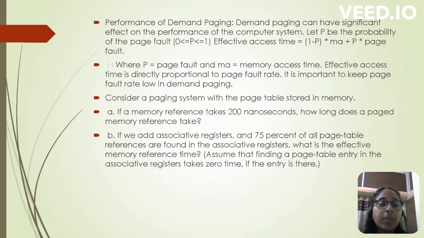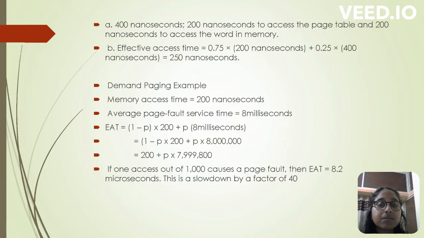Assume that finding a page table entry in the associative register takes 0 time if the entry is present. Otherwise it takes 400 nanoseconds: 200 nanoseconds to access the page table and 200 nanoseconds to access the word in memory. Effective access time is 0.75 x 200 nanoseconds + 0.25 x 400 nanoseconds = 250 nanoseconds.